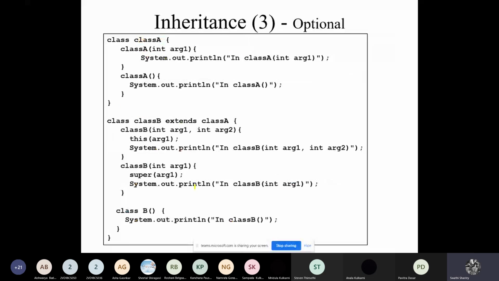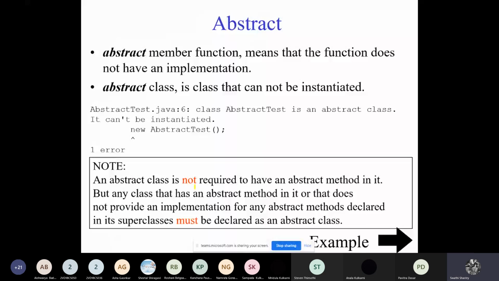Apart from all those things, there is something called abstract. If you have an abstract member function, it means that particular function does not have an implementation. Implementation means there is no body inside it.